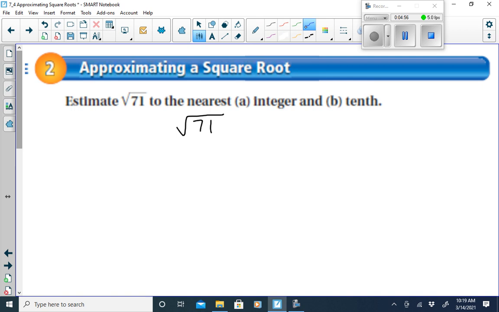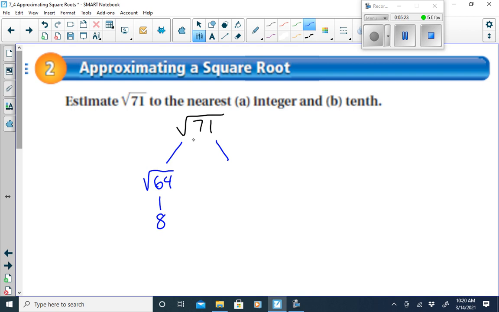We then want to find the two perfect squares that are directly less than and greater than 71. Well, the perfect square that is directly less than 71 is 64. 64 is the product of 8 times 8. So we know the exact square root of 64. We know that is going to be 8.